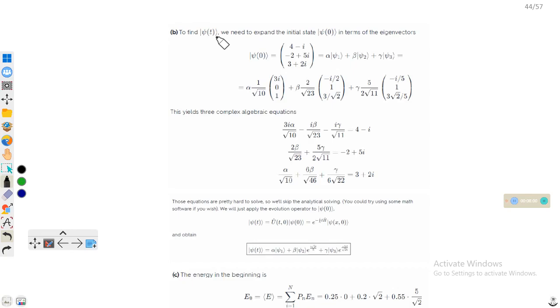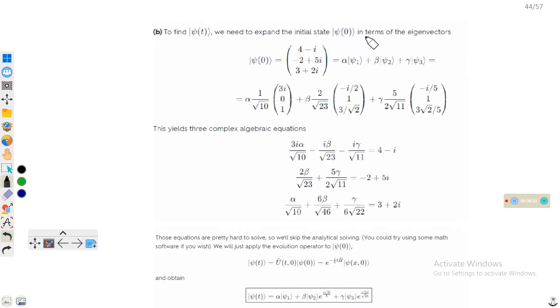To find the function at a later time, we need to expand the initial state in terms of the eigenvectors. So psi of 0 is equal to this. We can write it like alpha psi 1 plus beta psi 2 plus gamma psi 3. Now alpha, beta and gamma are unknown, and we can put in the values for psi 1, psi 2 and psi 3.